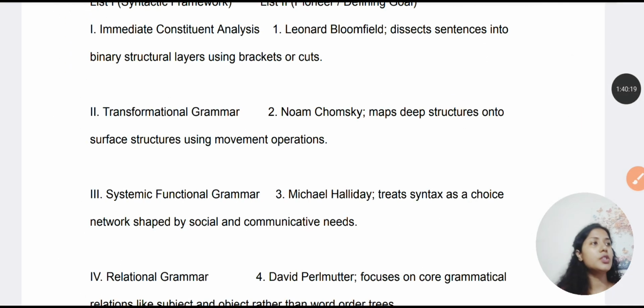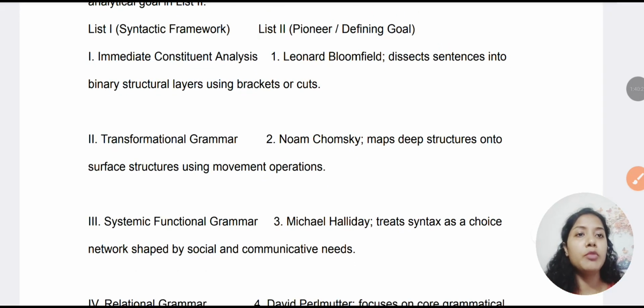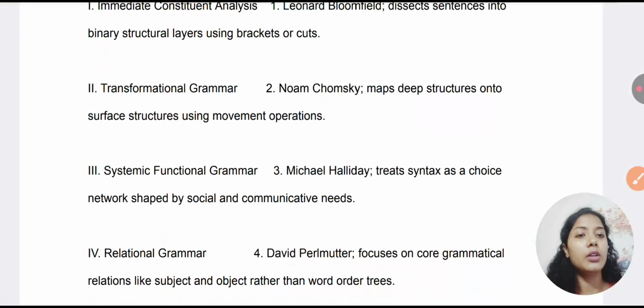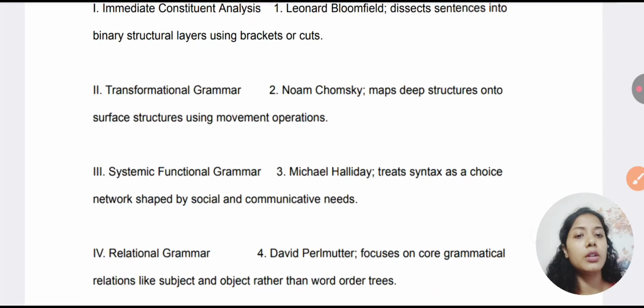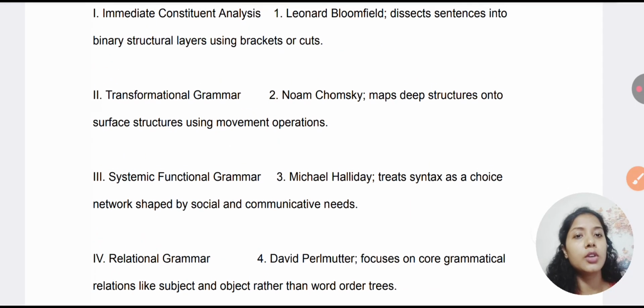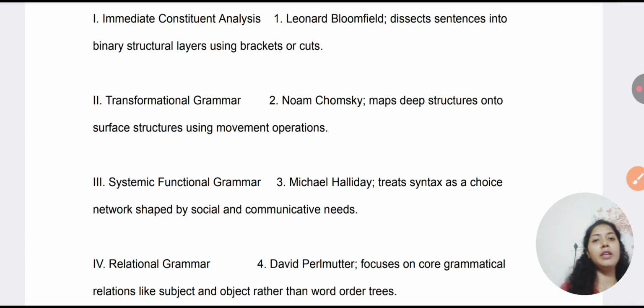Now, this is also matching. You have to match the syntactic framework with their pioneer who has coined this. Okay, so you have immediate constituent analysis, transformational grammar, systematic functional grammar or relational grammar.